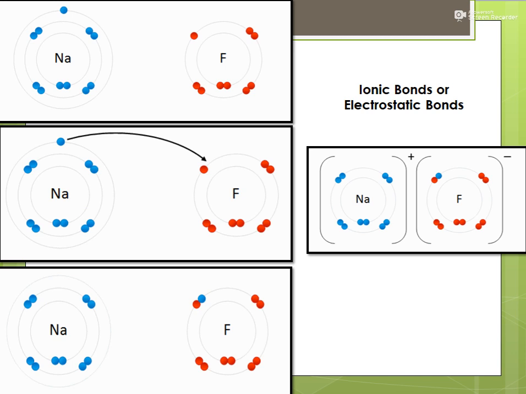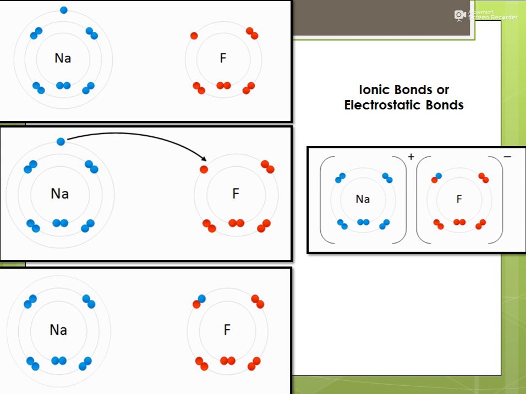When the electron is transferred from sodium to fluorine, sodium gets a positive charge and fluorine gets a negative charge, and a bonding happens. Once they become charged, the differently charged molecules attract each other and form a bond. That is an example of an ionic bond or an electrostatic bond.